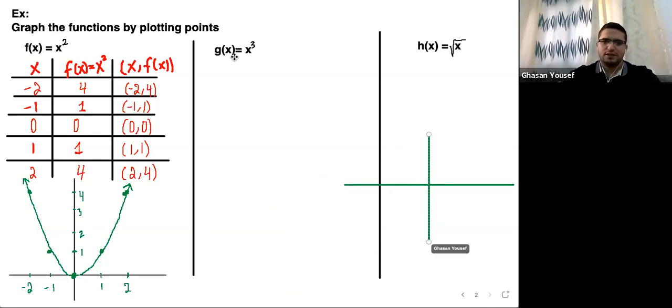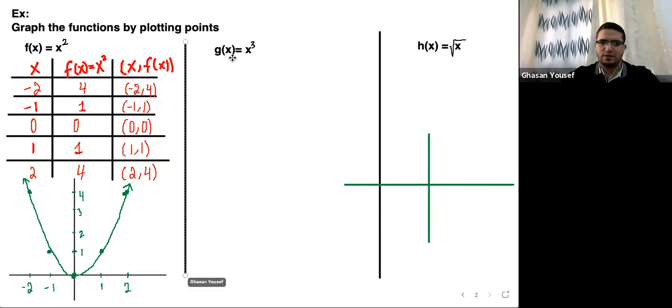Okay, let's now do this function, f of x equals x cubed. The same idea, we're going to make a table like this. The table should be something like that.